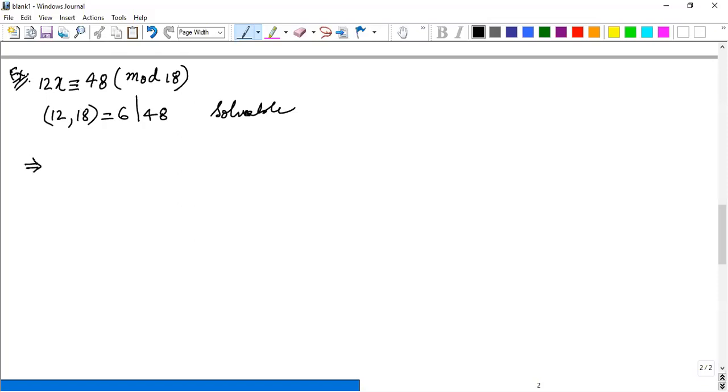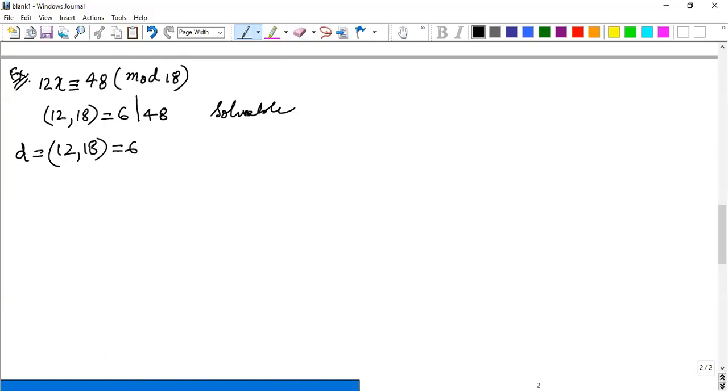So we can divide every element by 6. Let me define the procedure first. The GCD of 12 and 18 is 6.